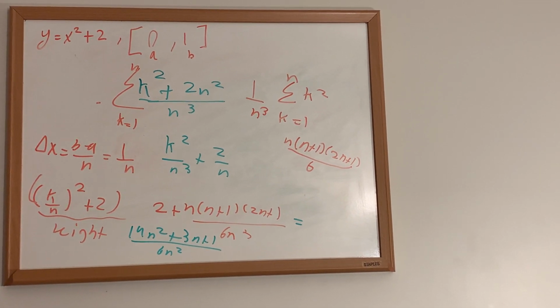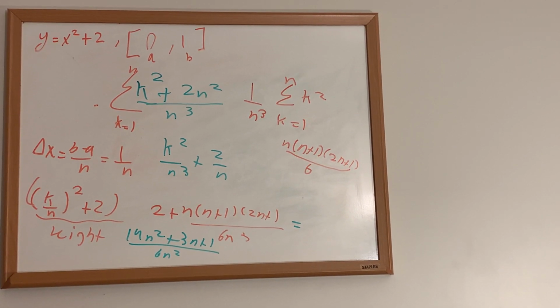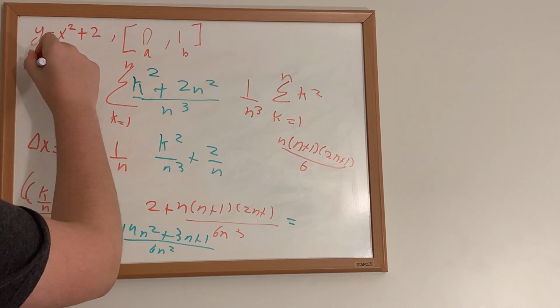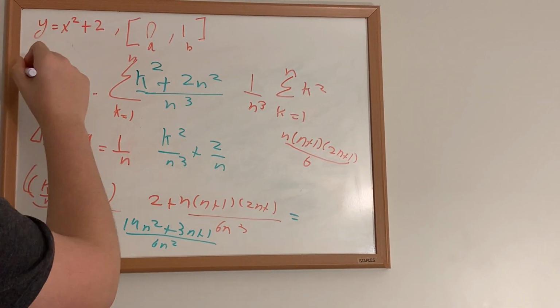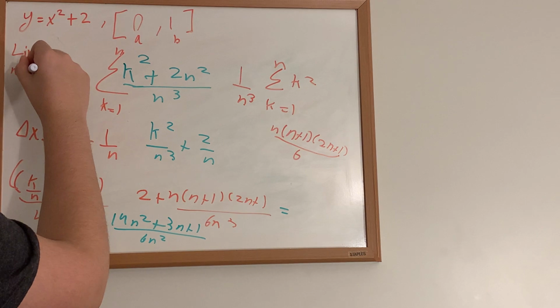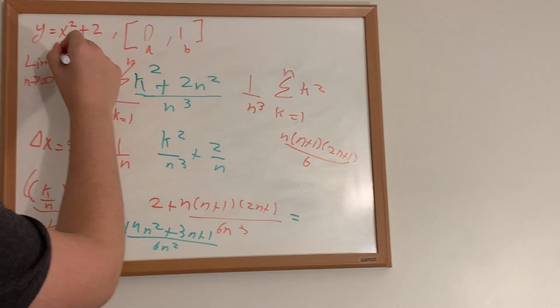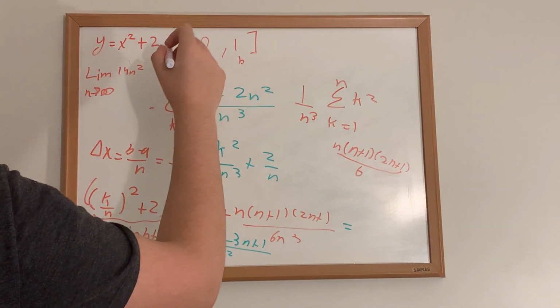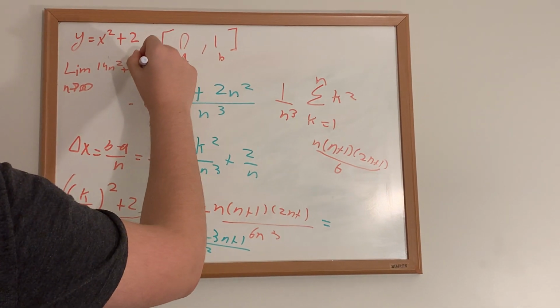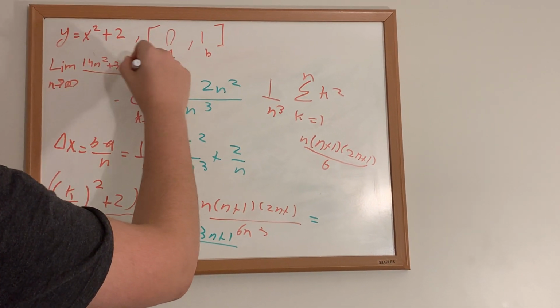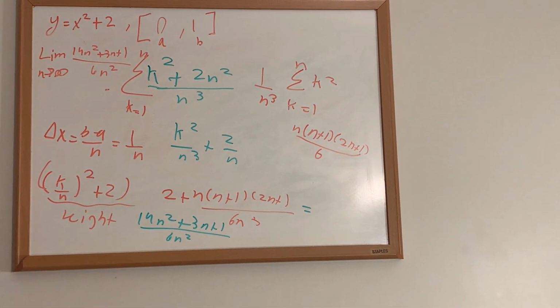Now, as I told you, the last step is to take the limit, I write it here, as n approaches infinity of 14n squared plus 3n plus 1 all over 6n squared.